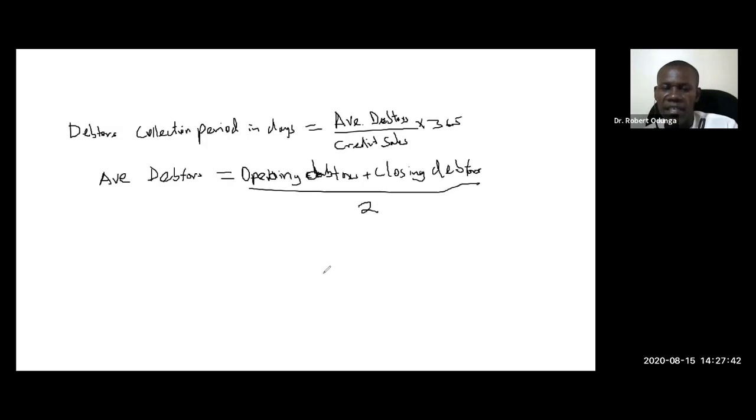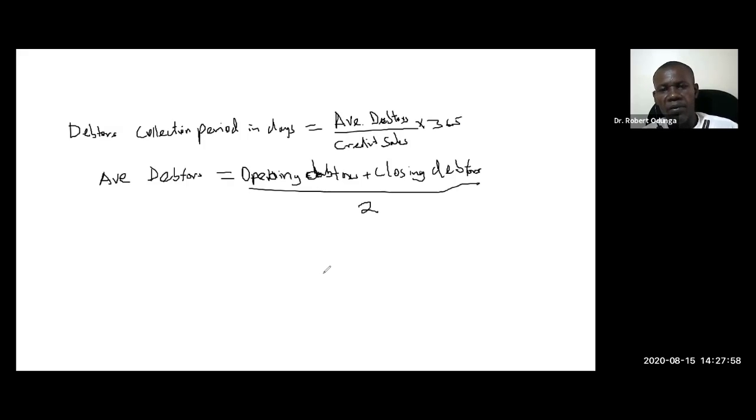I think we saw that in our initial introduction of this area. This is how we determine our average debtors. Opening debtors plus closing debtors divided by 2.